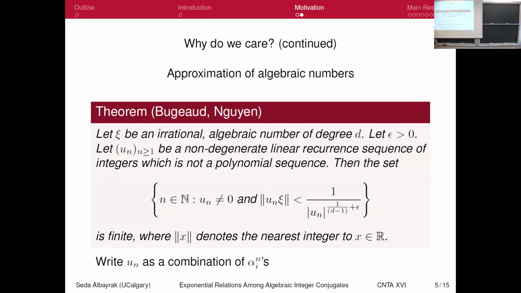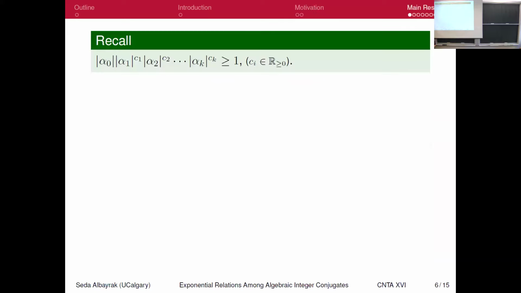So the exponent doesn't depend on the degree of the linear recurrence sequence, but just on the degree of psi. Yes, so it's true for any linear recurrence sequence. Okay, so this was the inequality that we were looking at, right? And I said that d minus 1 is coming from this exponent there.